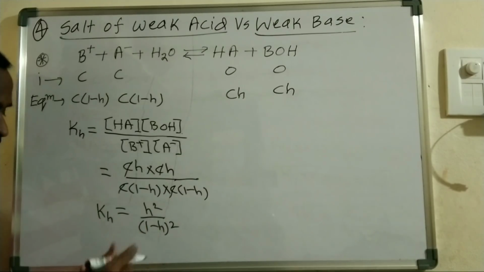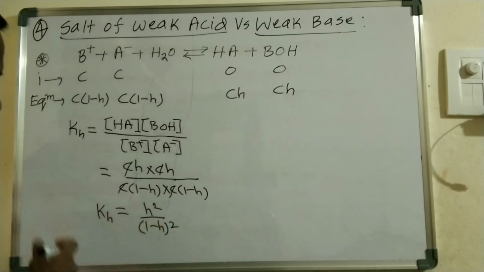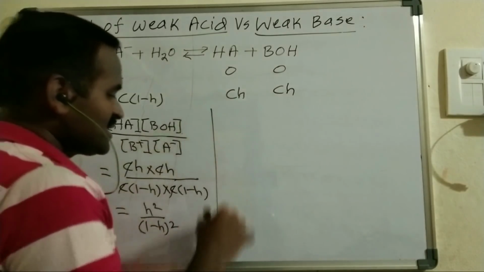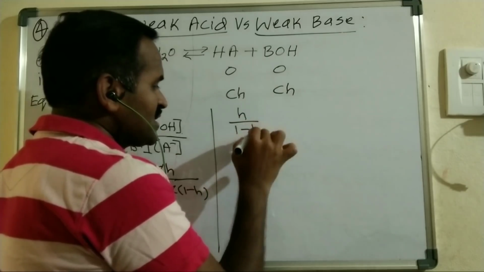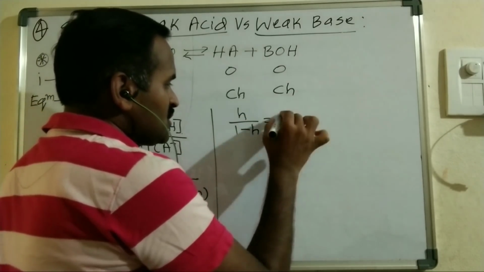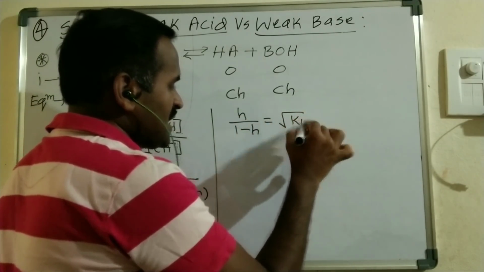So if I take the square root on both sides, it becomes h divided by (1 minus h) equals the square root of Kh.